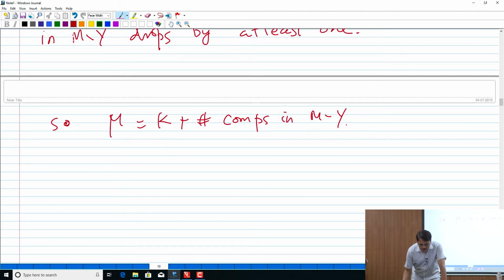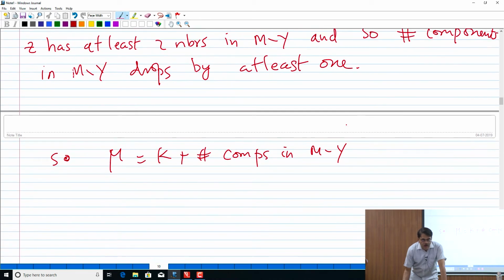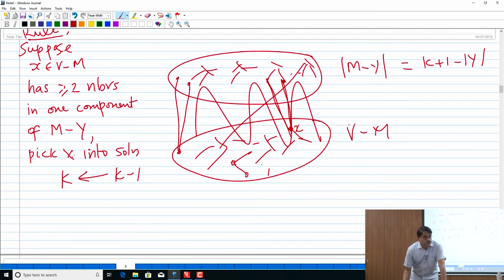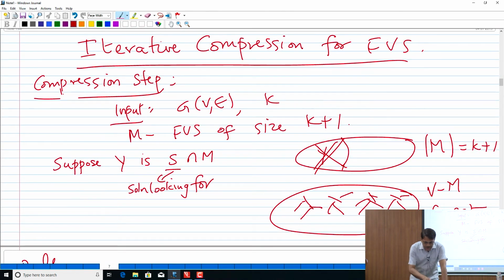Okay, so first of all, what is the solution size I am looking for now after I made my guess? I made a guess of Y into the solution.